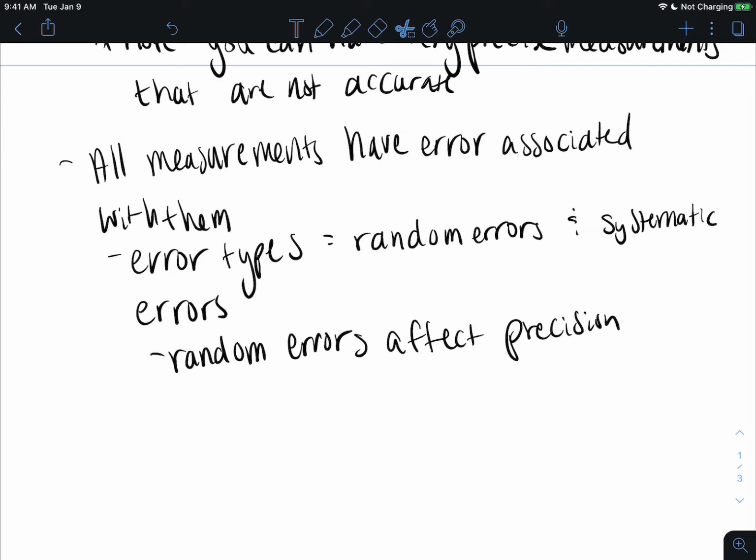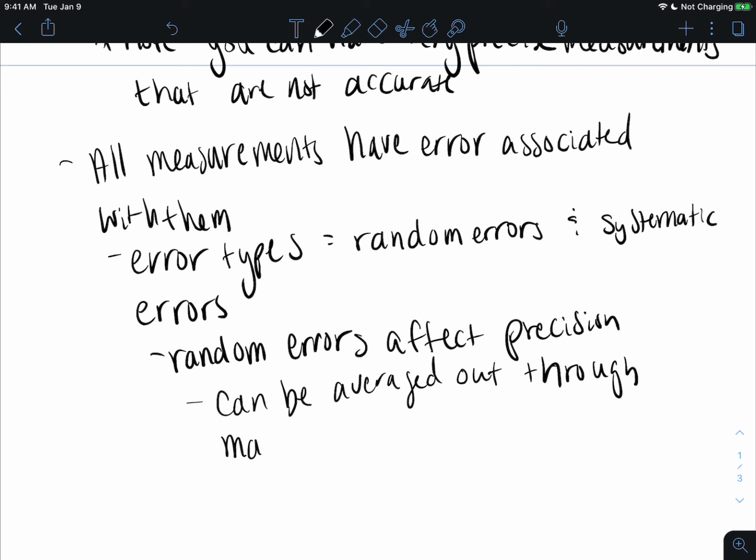But if you do enough trials, you can generally average random errors out. So it can be averaged out through many trials.